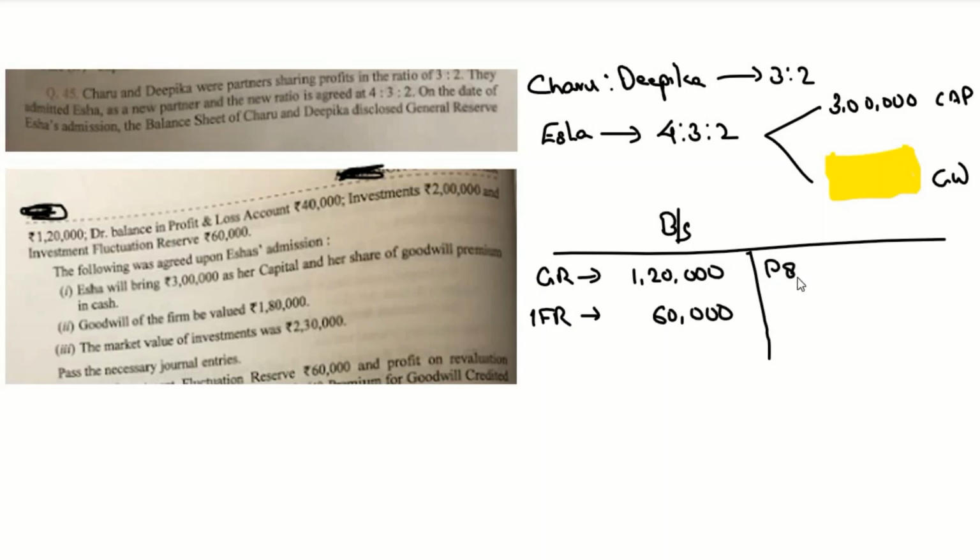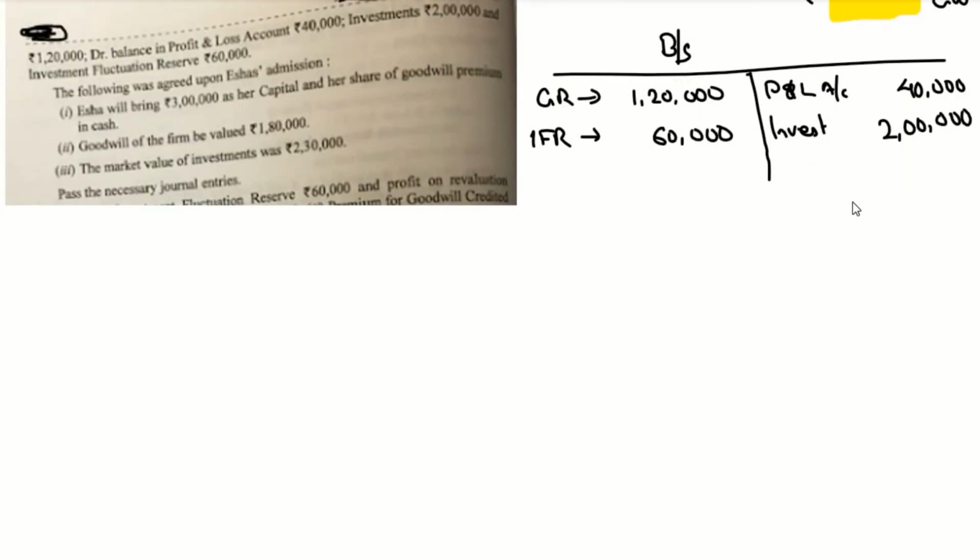P&L account debit balance. Debit balance means it should be in the asset side, 40,000. Then we have an investment which is 2 lakhs. Now first we need to calculate the goodwill that Isha has to bring. Okay, how we will calculate that?